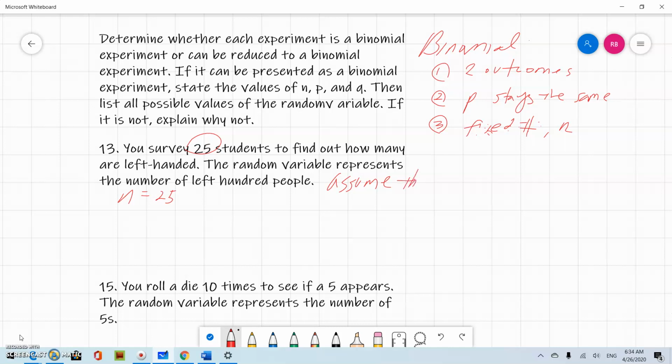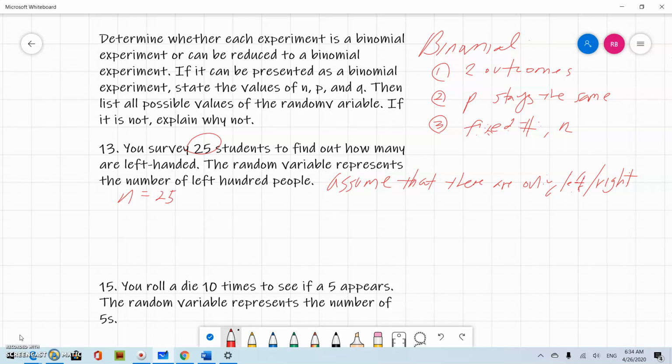Assume that there are only left and right-handed persons. I'm assuming there will be no one who can use both hands, because if there are, it's kind of hard to say it's a binomial. Or else I will assume that person can just be left-handed, right?